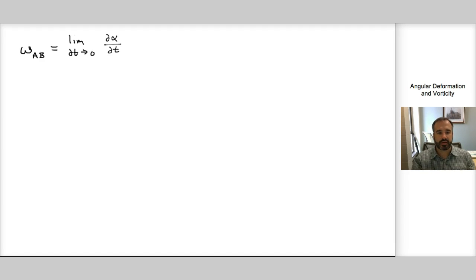Okay, so we're going to define this rotation or this vorticity as the rate at which alpha is changing. And so it's going to be defined as the limit of dt of d alpha dt.